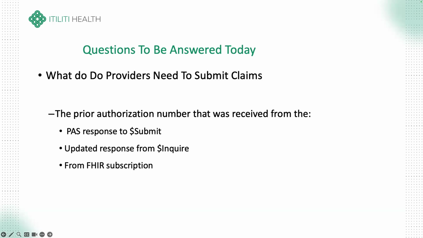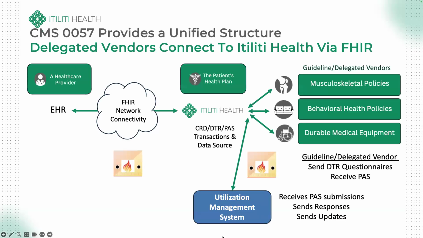And to take that full circle, it's helpful to look at this slide again, where everything that we've done regarding FHIR prior authorization approvals has ultimately ended up as a point of record inside the utilization management system. Usually the source of that prior authorization number is going to be that utilization management system.